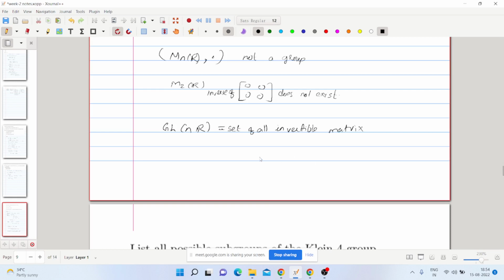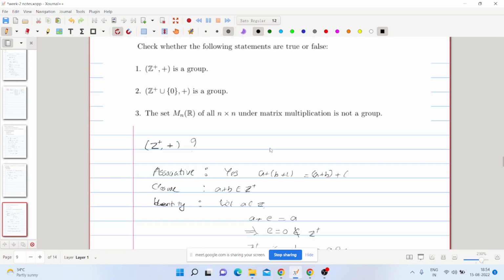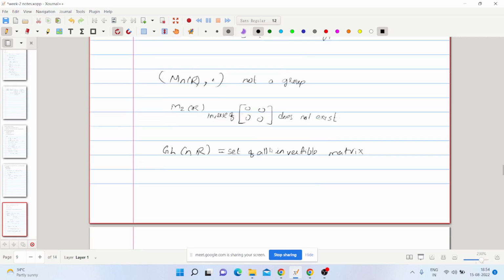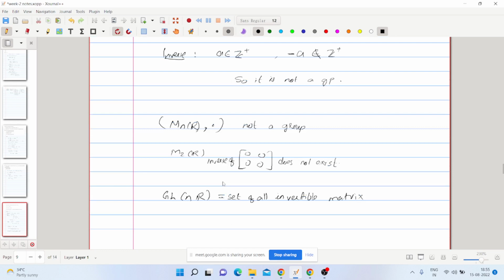Is the problem clear for everyone? Can I repeat the last one? GLNR. The only problem with MNR is that the inverse does not exist for every element. So we are just considering all matrices which have an inverse, that is, the set of all invertible matrices.